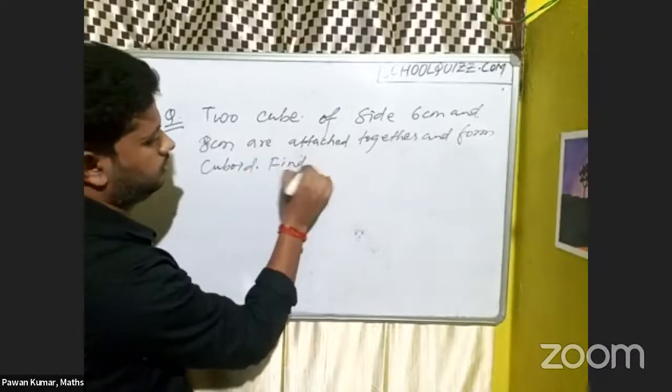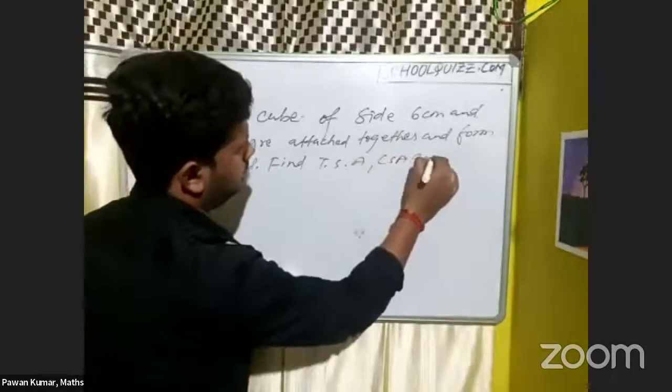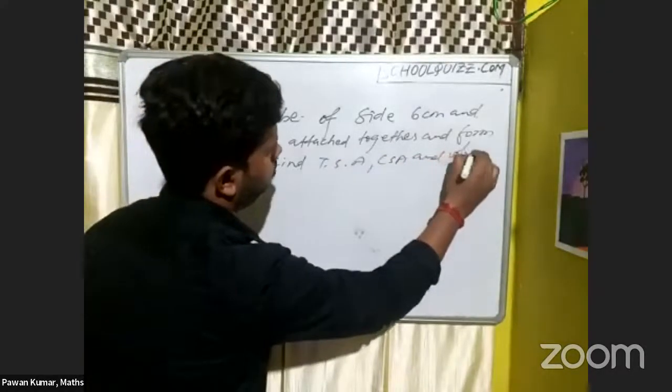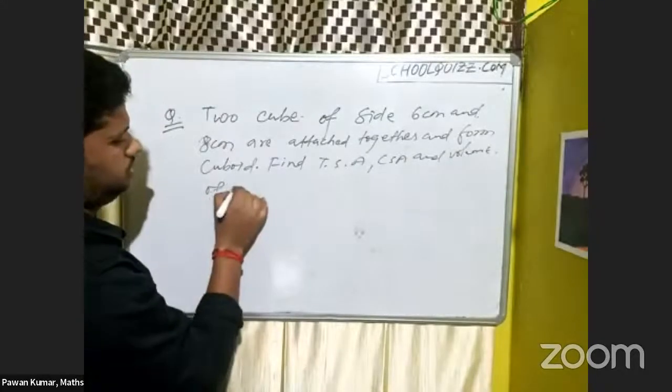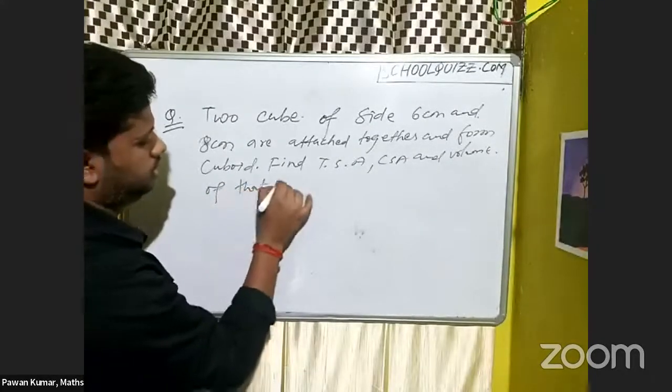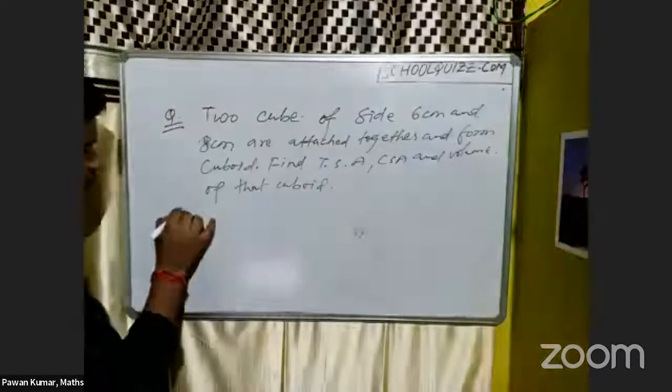Find TSA, CSA and volume of that cuboid. Okay, do this one.